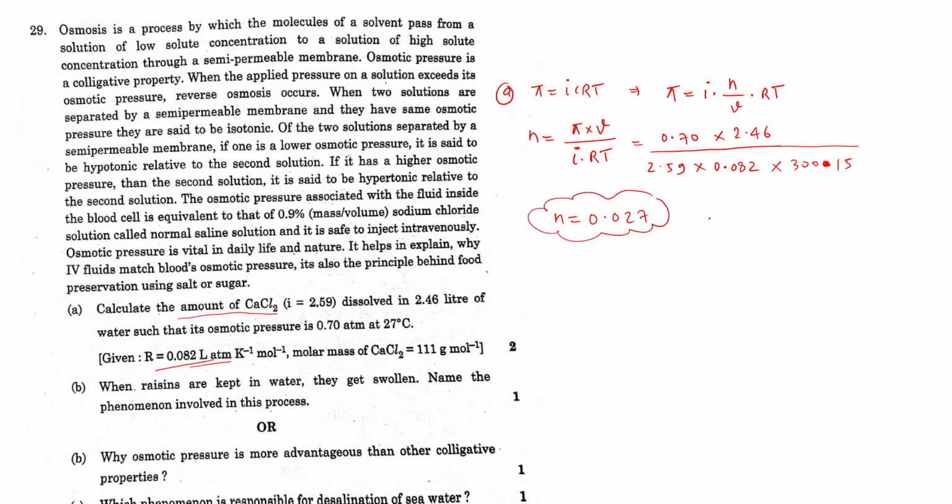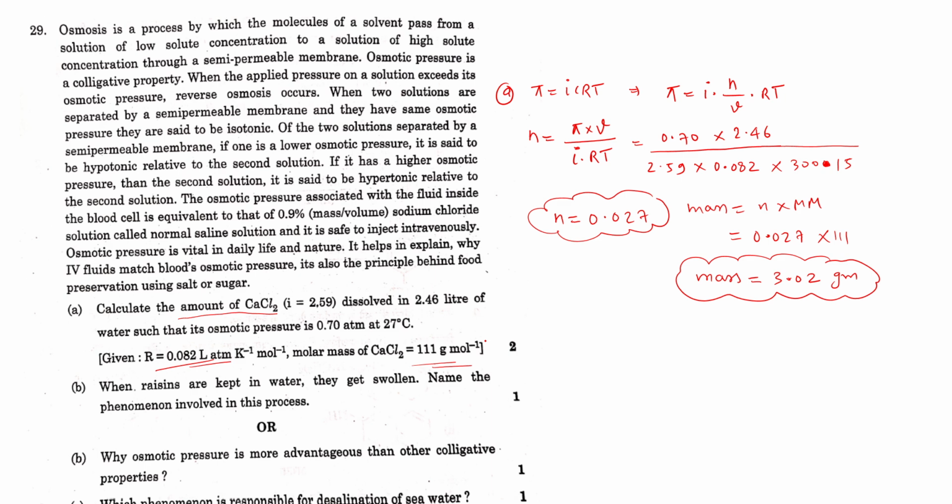This is the number of moles. Mass is calculated by n into molar mass. So n is 0.027 and molar mass is given here, 111. So we multiply this by 111. So the mass of CaCl2 is approximately 3.02 gram. This is the correct answer for question 29A.